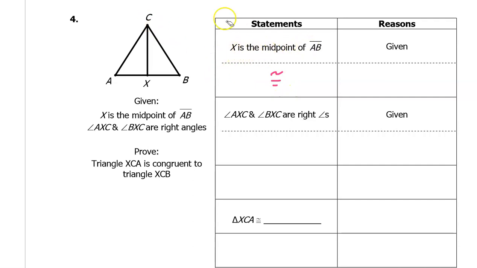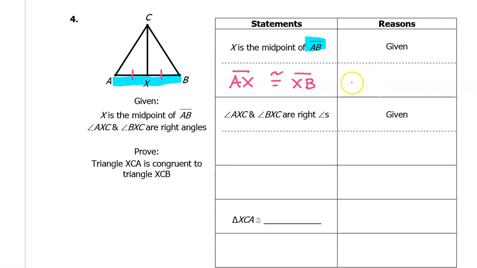Well, focus on the AB part. AB is right here. If X is the midpoint, that means that the left part is congruent to the right part. In other words, segment AX is congruent to segment XB.